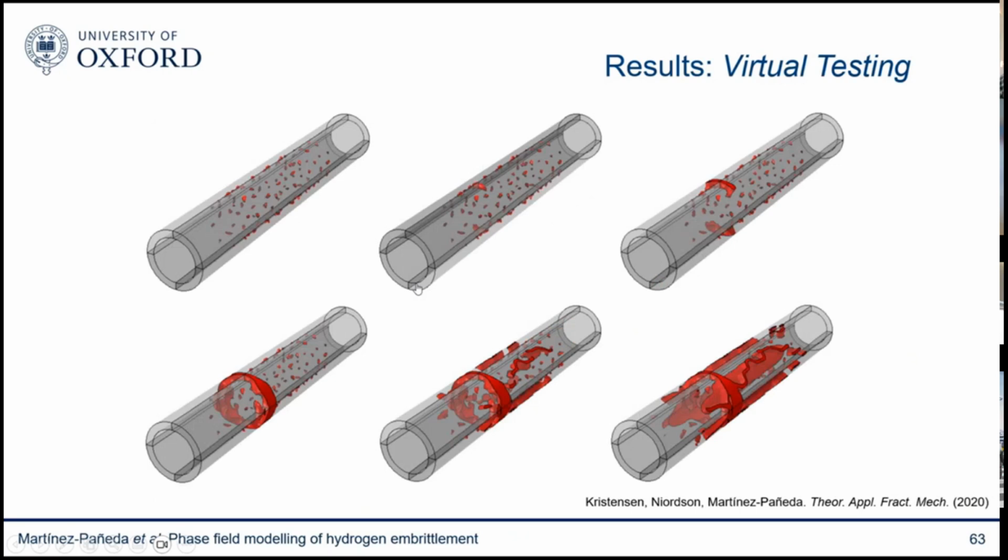So at the end of the day, we have a tool that allows us to predict how failures will develop in hydrogen-containing environments as a function of the material, the loading conditions, and the environment. And an important takeaway for this meeting is that the model is not only able to handle simple academic problems, but is also able to handle problems of arbitrary complexity, the scales and complexity that are inherent to engineering practice.